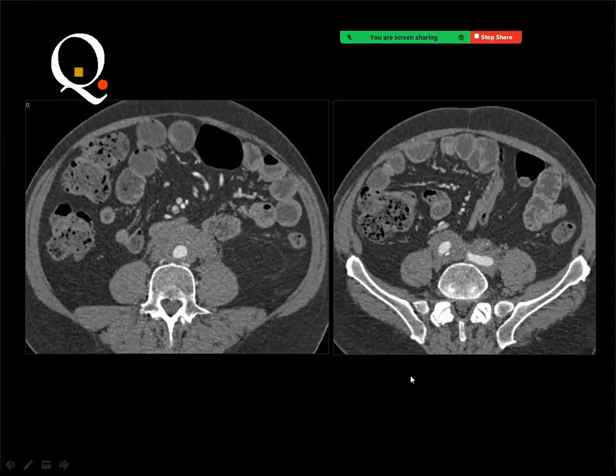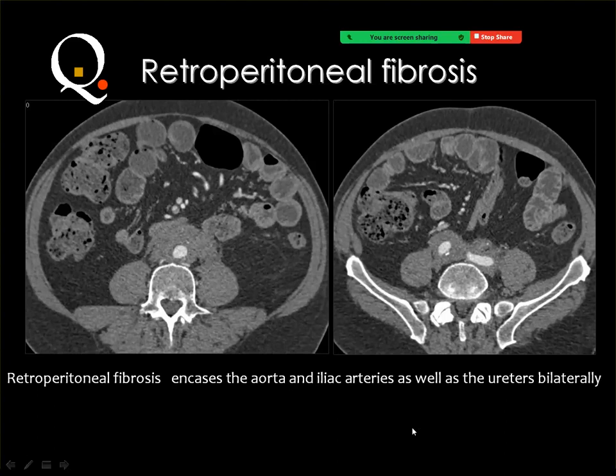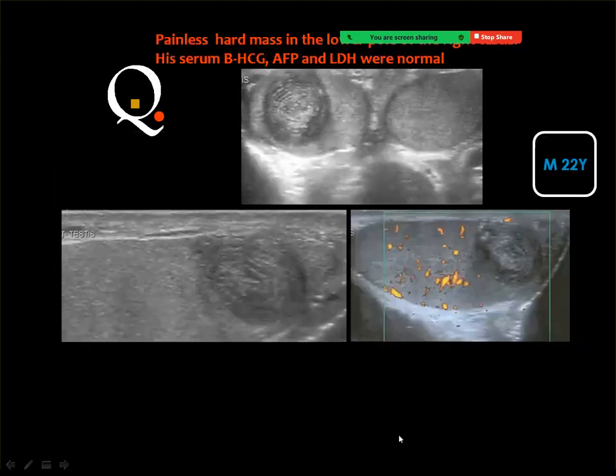This is retroperitoneal fibrosis. There is a big soft tissue density surrounding the aorta as well as the iliac vessels, diagnostic of retroperitoneal fibrosis.